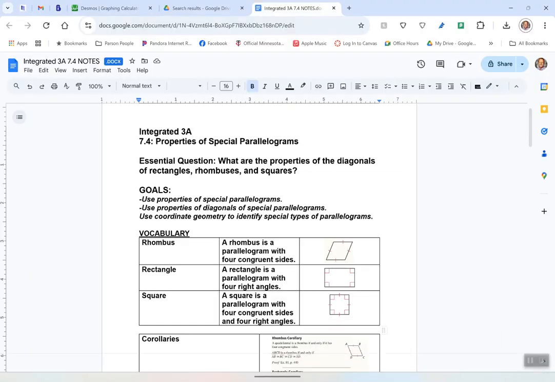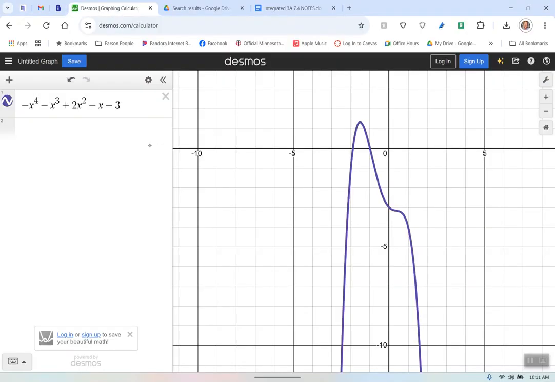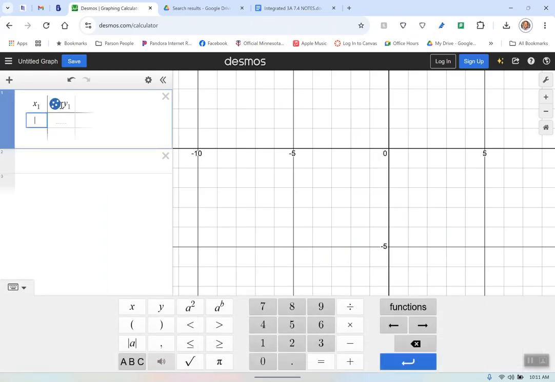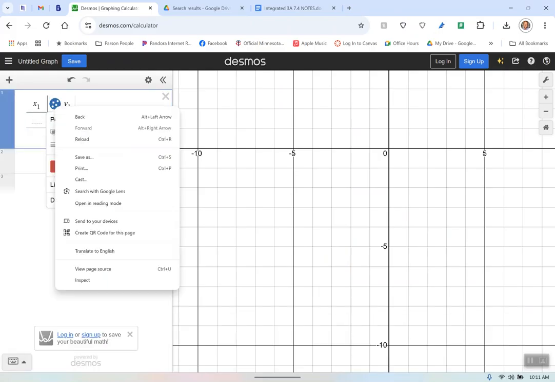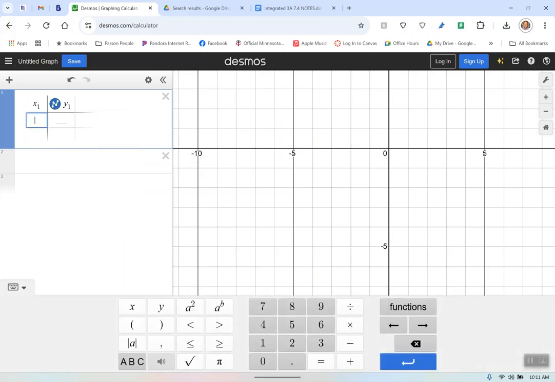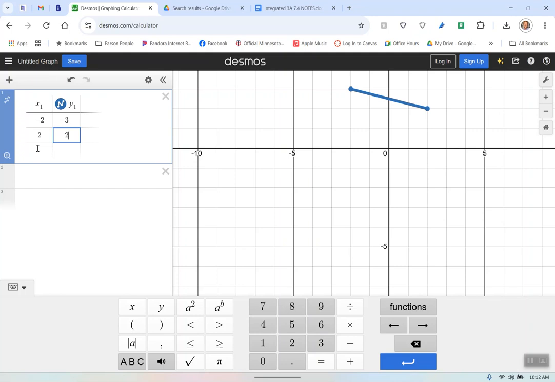Okay, you guys remember how to make a table in Desmos? Okay, I'm going to go ahead and click Add right here. I'm going to make a table. I'm going to hold down on this up here so I can get some lines. So I'm going to click that. So I hold down that dot up there. Okay, guys, give me that first coordinate up there for A. -2, 3. Okay, next one. 2, 2. 1, -2.